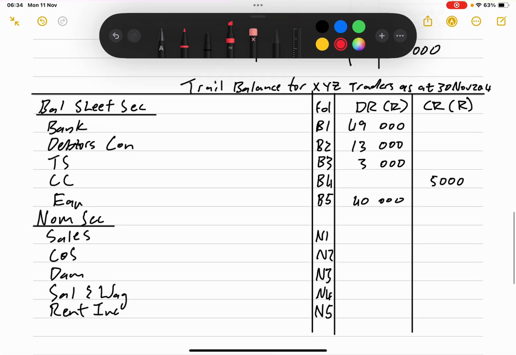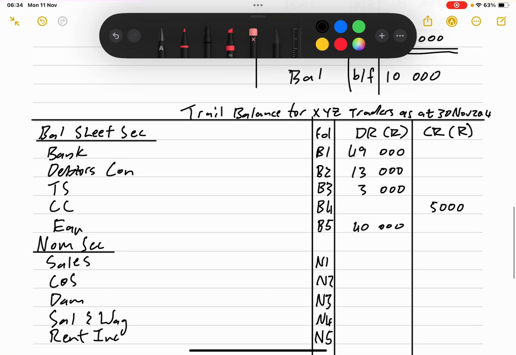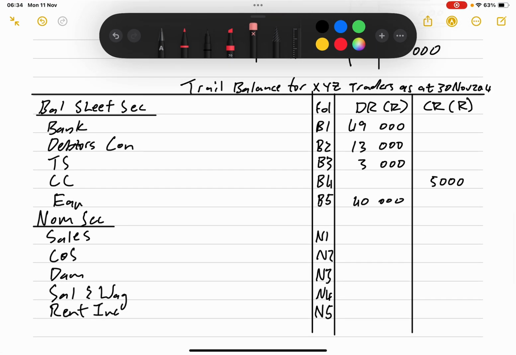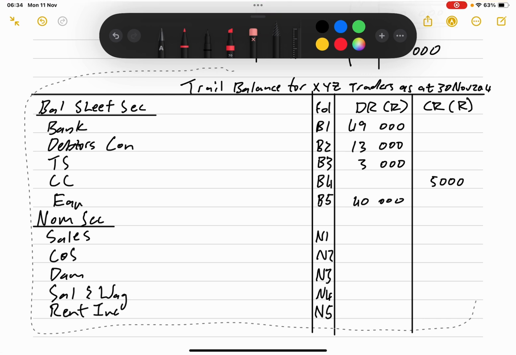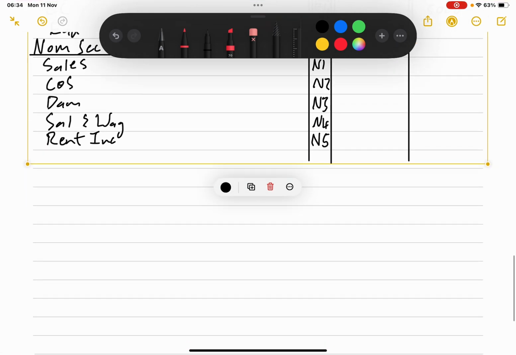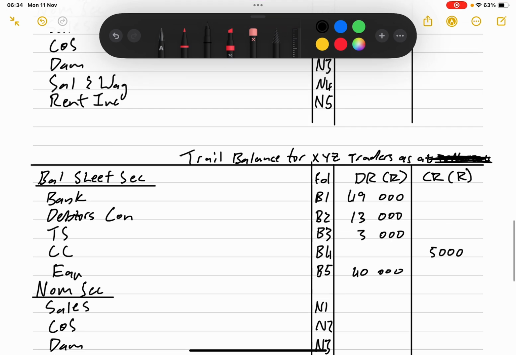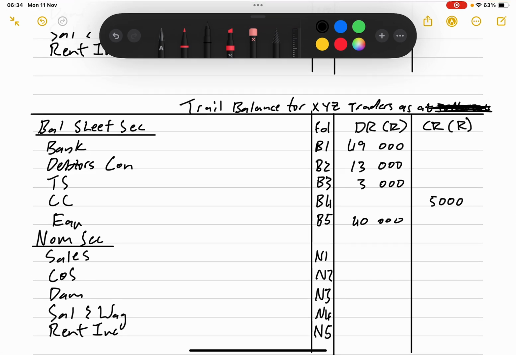Cool. If you are given a trial balance, let's just copy and paste, but instead of as at 30 November, it is as at 1 November. Or they would actually just write 31 October.